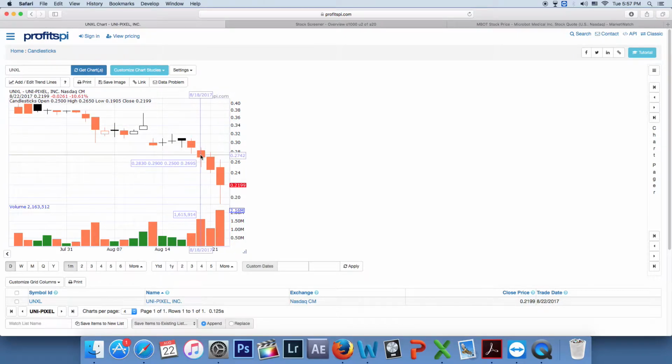This would be a signal for a three-candlestick bullish pattern, especially if the next day is green. However, because this first candlestick isn't low enough with the closing price, you have to really wait to see what's going to happen, and I believe it's going to fall. Right now they closed at 21 cents.